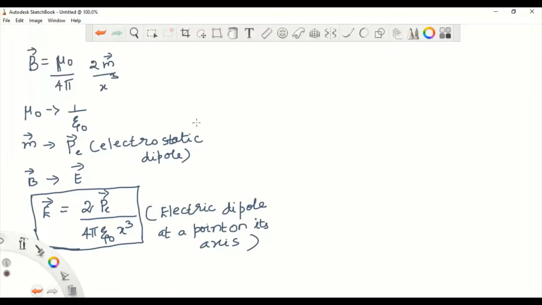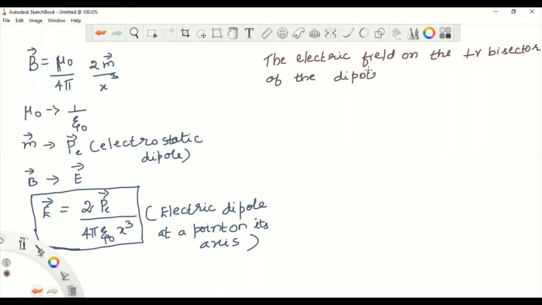Now we are going to see the electric field on the perpendicular bisector of the dipole. Actually, the electric field on the perpendicular bisector of the dipole is what?